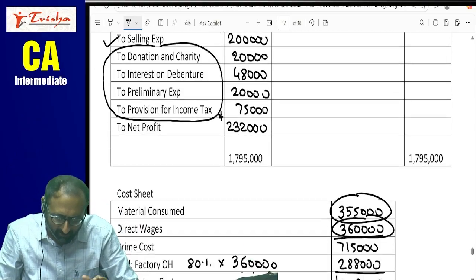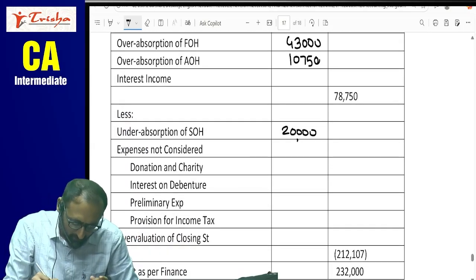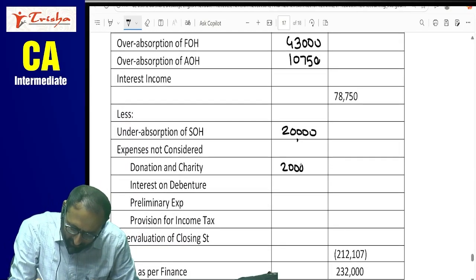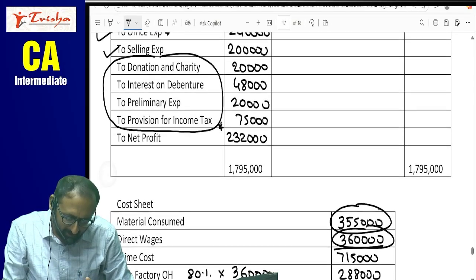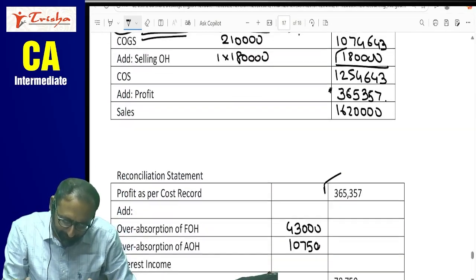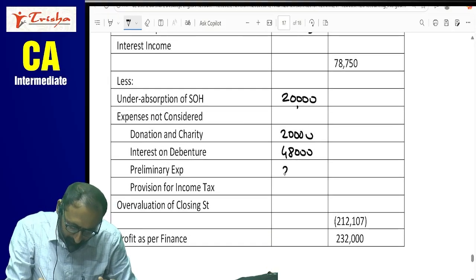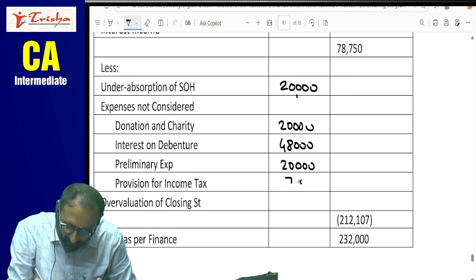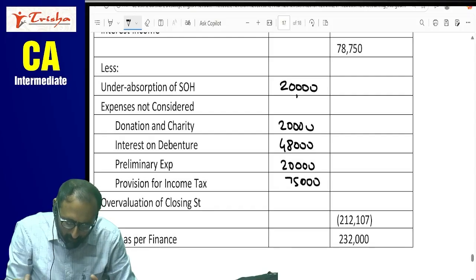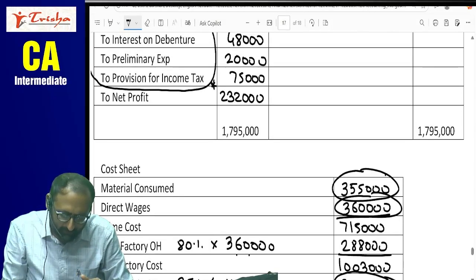So donation 20,000, interest 48,000. Next one, preliminary expenses 20,000, and provision for income tax 75,000.